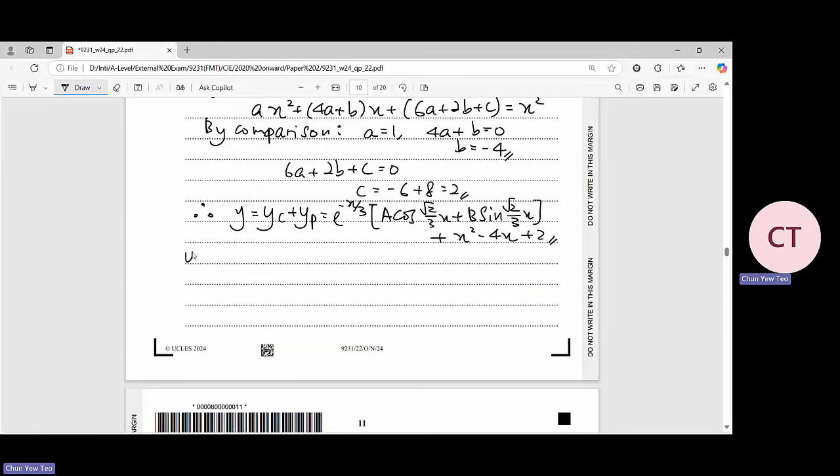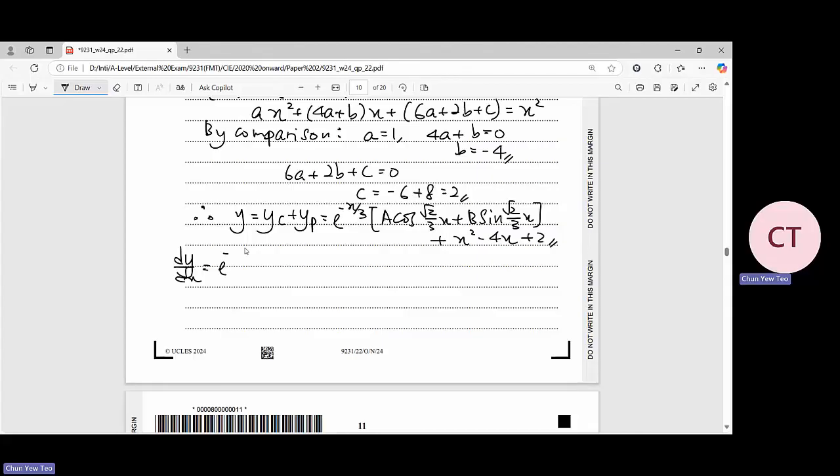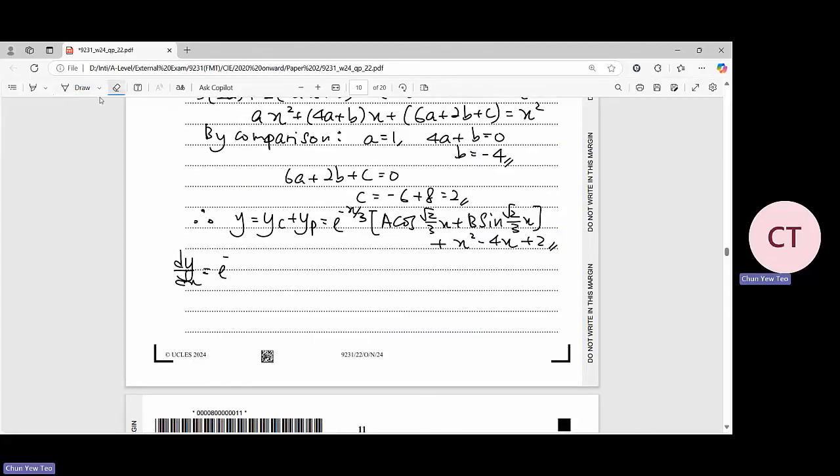So for the particular solution, I need to find dy/dx over here. The dy/dx on this one is a bit troublesome, so I have to differentiate it carefully. Keep the left, differentiate the right. You will get negative 2 over 3 a sine 2 over 3 x, plus 2 over 3 b cos 2 over 3 x. Then plus, keep the right, differentiate the left.